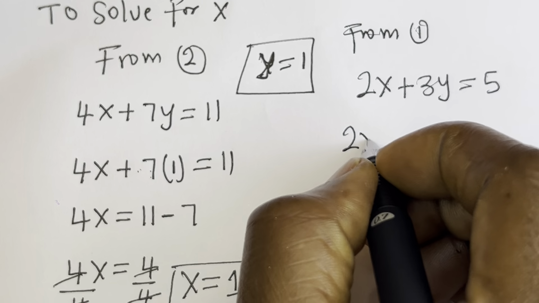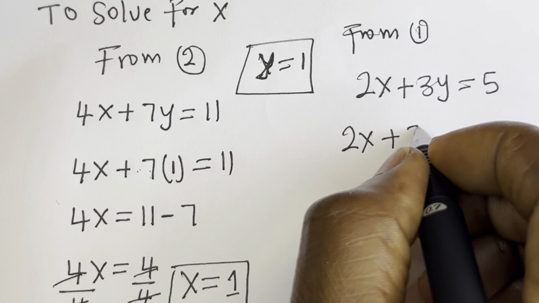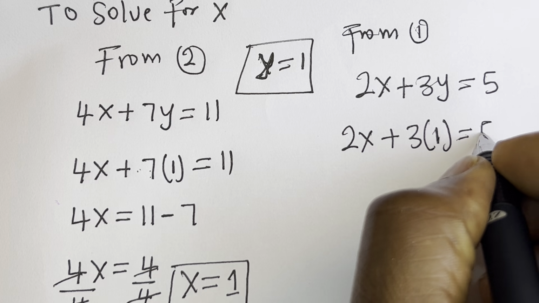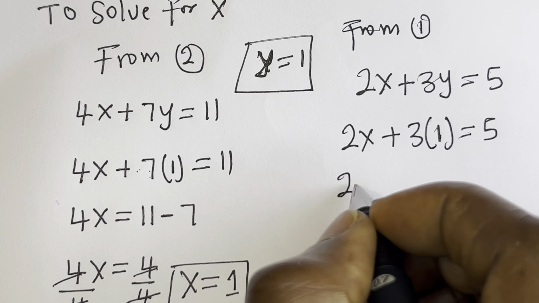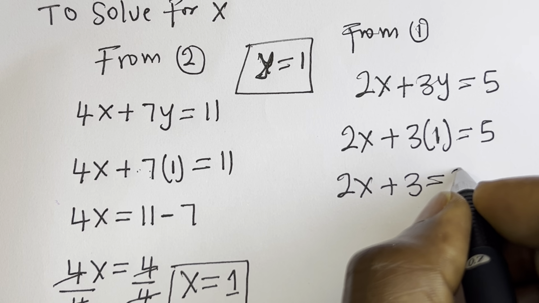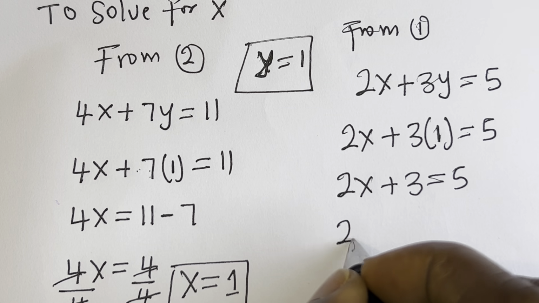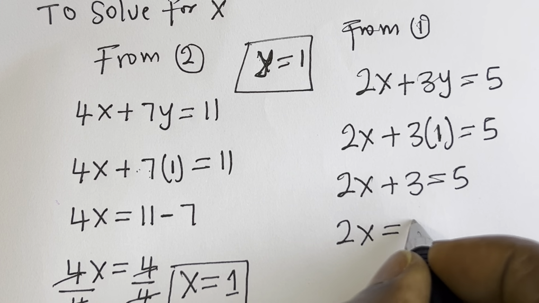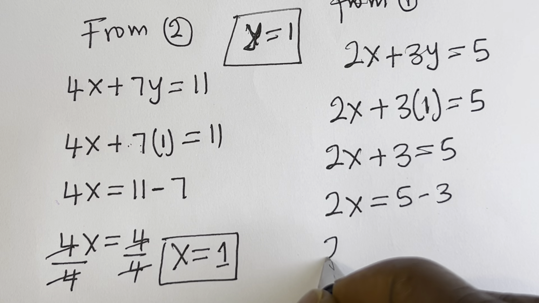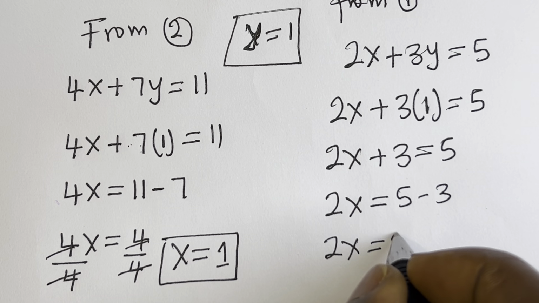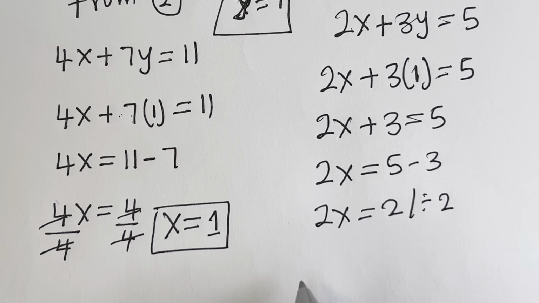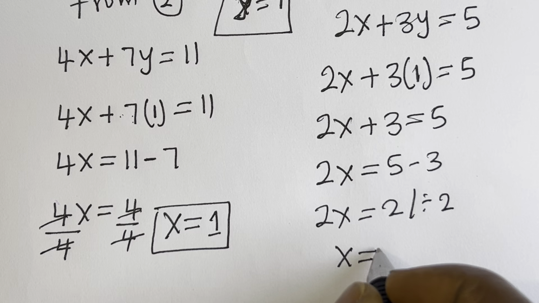This is 2x plus 3 bracket y is 1 is equal to 5. 2x plus 3 times 1, 3, is equal to 5. 2x is equal to 5 minus 3. 2x is equal to 2, and if you divide both sides by 2, x is equal to 1.